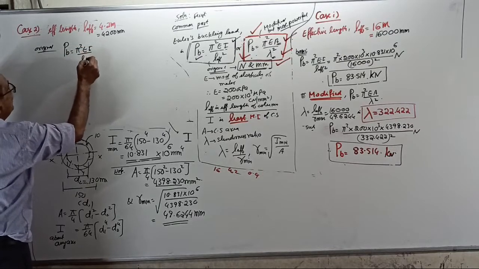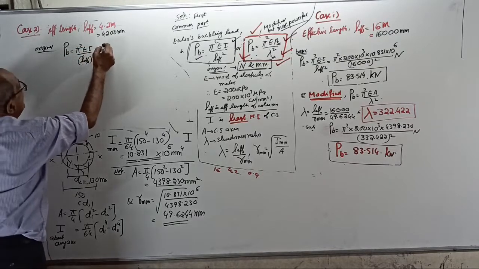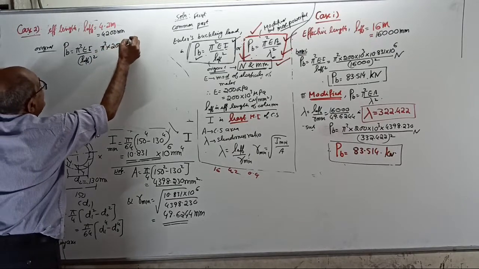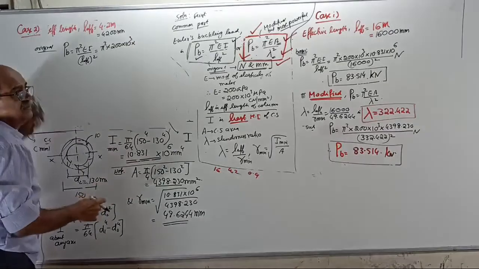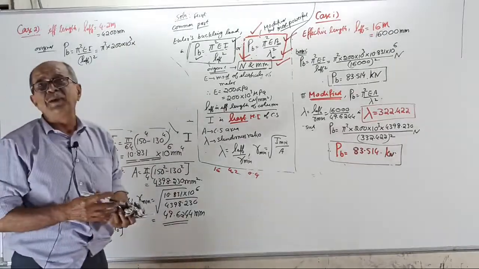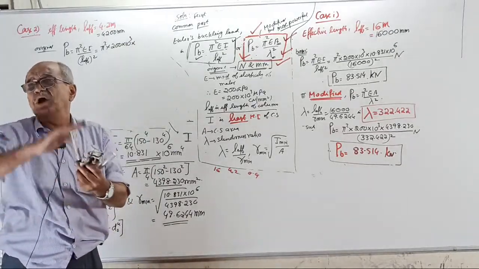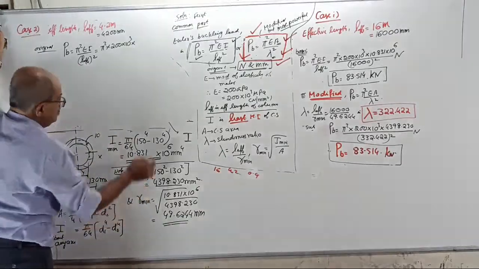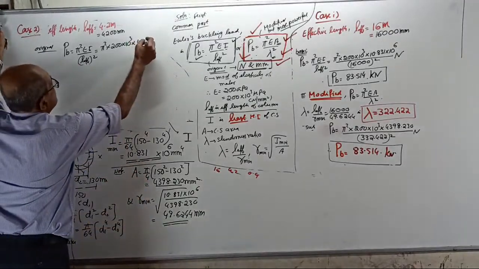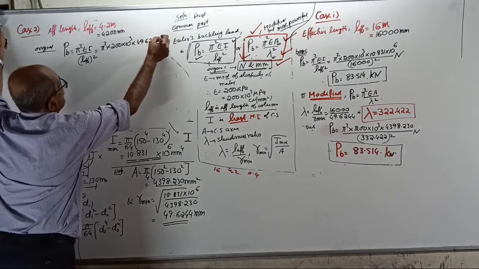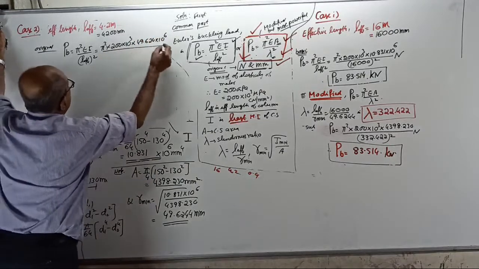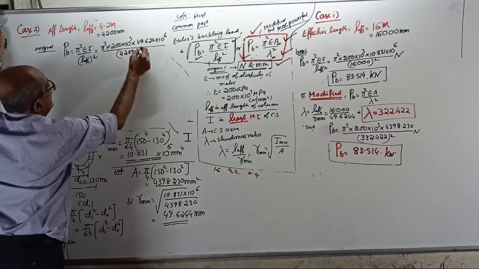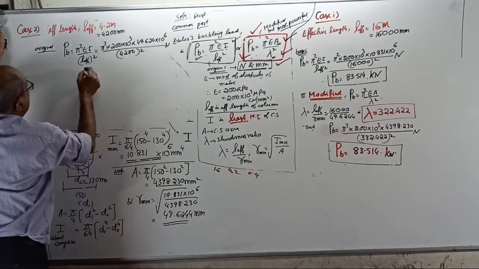I am using only Euler. Pi square into 210 to the power 3 into I, which remains the same. I is not a property of length, it is a property of cross section. So I will not change. I equal to 49.624 into 10 to the power 6 divided by L effective, 4200 square. This comes in Newton.